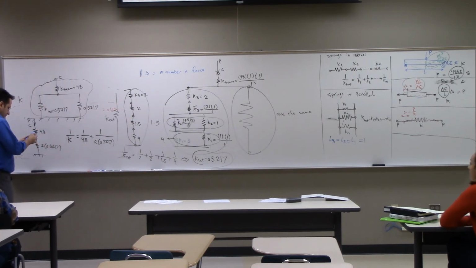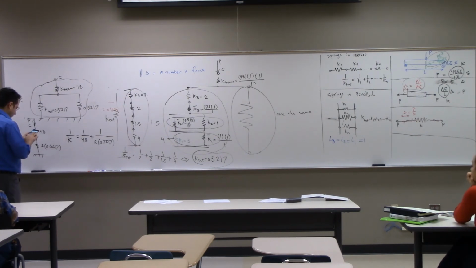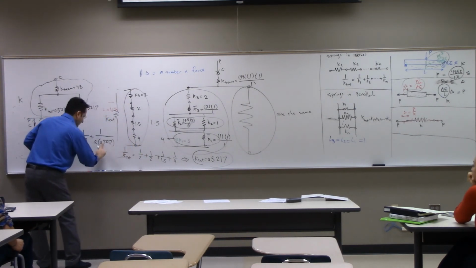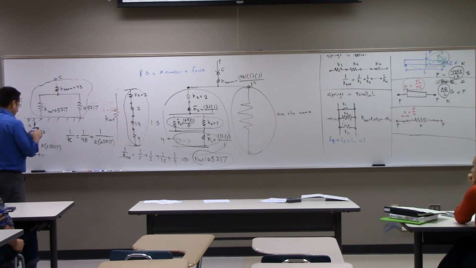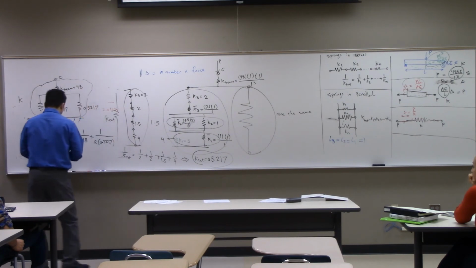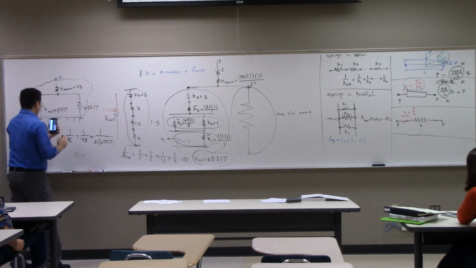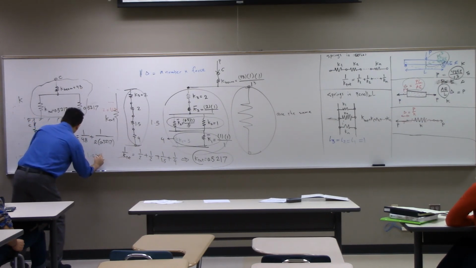There you go. Finally, the spring constant K becomes 1.021.